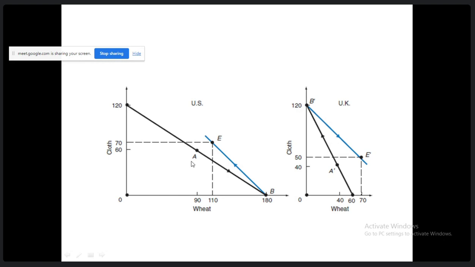Is it not? So the combined production of wheat in the world is 90 wheat in US plus 40 wheat in UK.